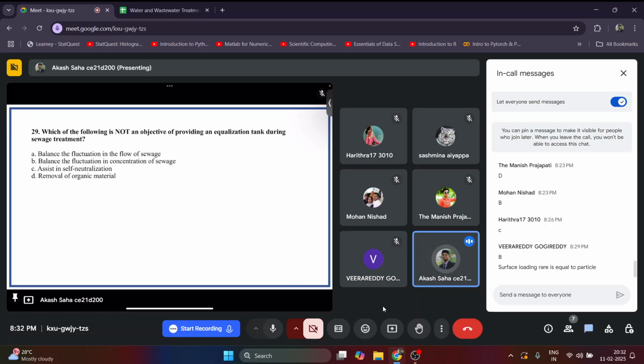Any idea? Equalization tank. So basically an equalization tank is used for all of them except the removal of organic matter, because it is just to store the wastewater so that there is no fluctuation in flow and concentration, and a kind of self neutralization.